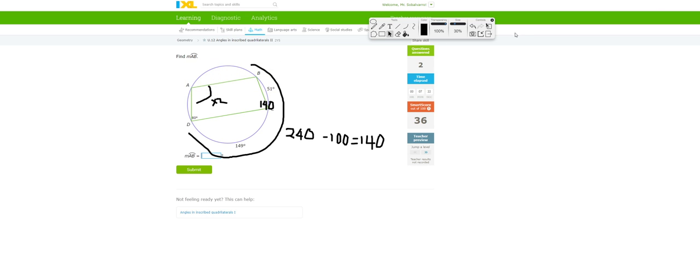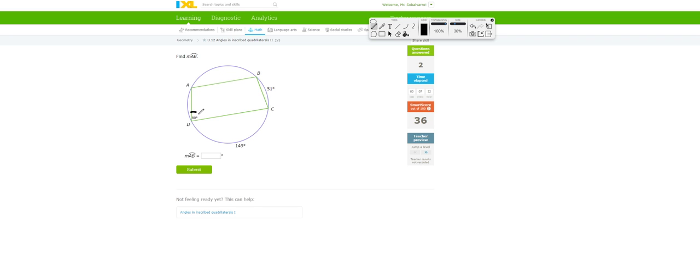If I go to the next one, again I have 149 degrees, I have 51 degrees, and then they give me an inscribed angle, which is 80. This 80 degrees is going to give you the arc from A all the way to C. If I multiply that by 2, that will be 160.